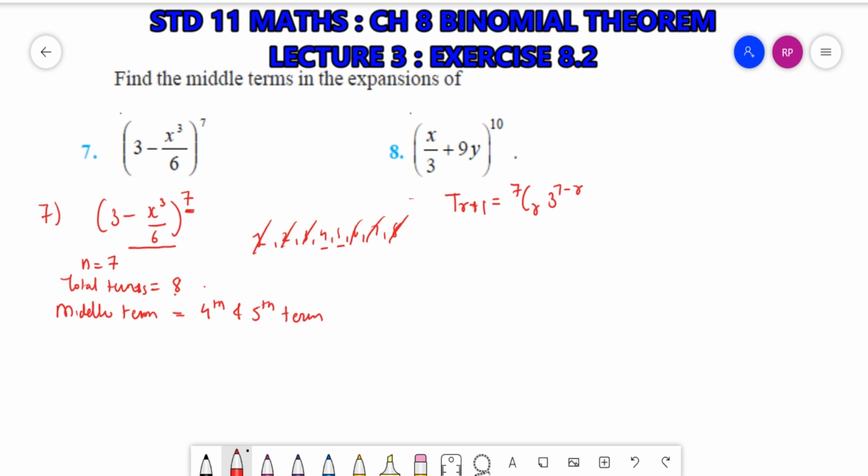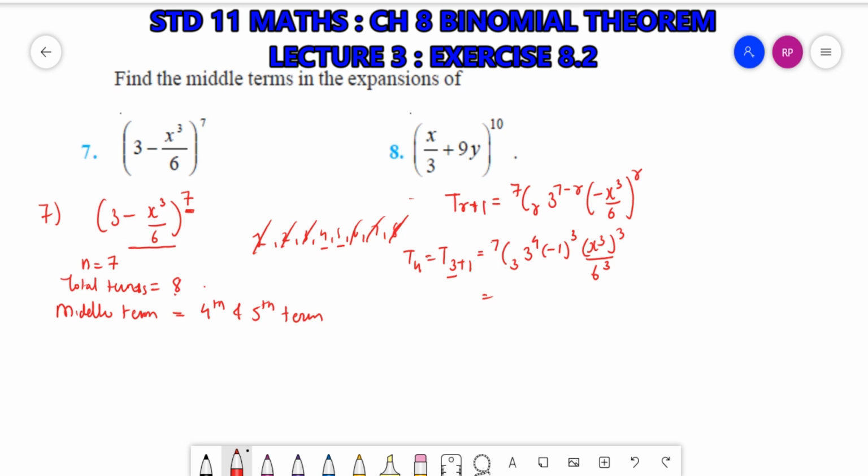Minus x cubed by 6, minus x cubed by 6 whole raised to R. So now for the fourth term, it will be T3 plus 1. So R is equal to 3. 7C3, 3 raised to 7 minus 3, that is 4. I am separating this negative sign, minus 1 raised to 3, x cube raised to 3, and denominator 6 raised to R means 6 raised to 3.